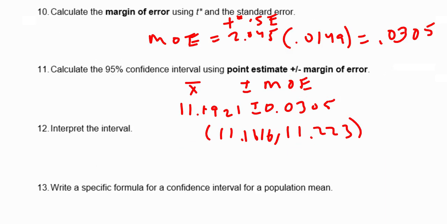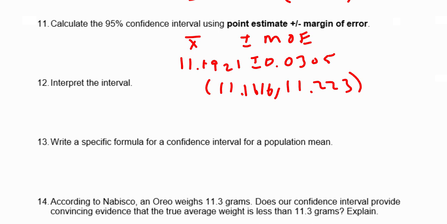So what do we just find here? Let's interpret this. I'm going to type this out real quick.